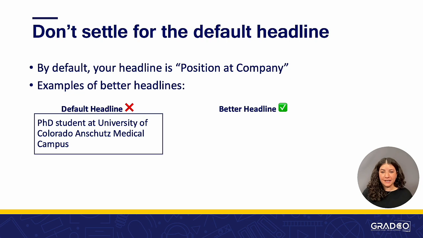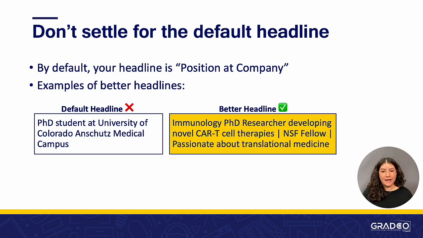So a default headline could be PhD student at University of Colorado Anschutz Medical Campus. Boring. A much better version of a headline for that person is Immunology PhD researcher developing novel CAR T-cell therapies | NSF fellow | passionate about translational medicine. Why is this headline better?